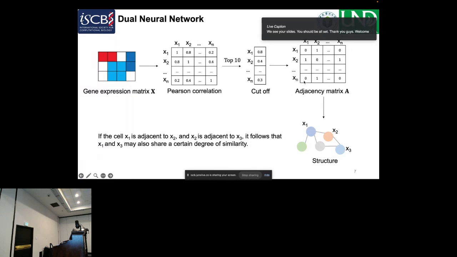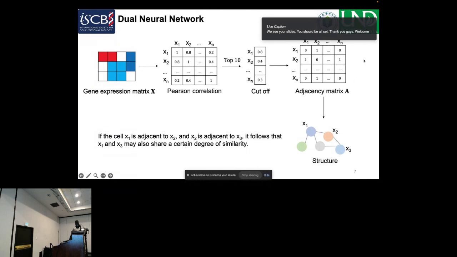So the next step is to calculate the adjacency matrix. For the adjacency matrix, we set all Pearson correlations greater than or equal to this cutoff as 1 and others as 0. As a special note, the diagonal values, representing the correlation between a cell and itself, are uniformly set to 0.